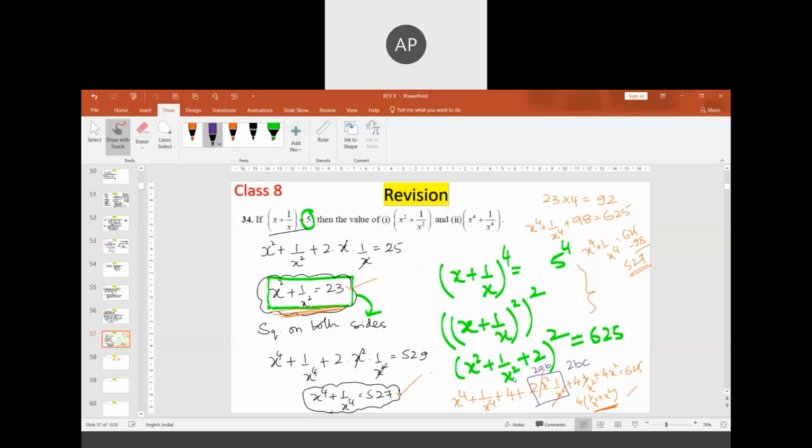B is 1 by x square, C is 2. 2 times 2 becomes 4, 4 into 1 by x square. This is the 2ca term: 2 into 2 into x square. 2AB, 2BC, 2AC. Understood?